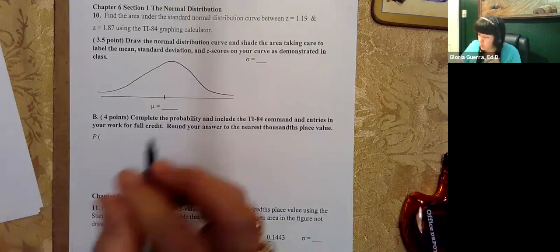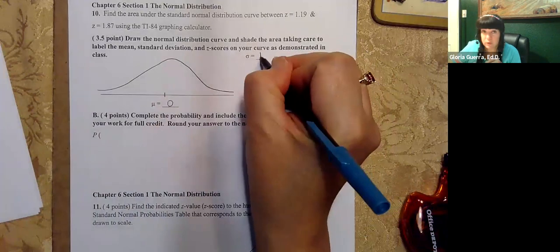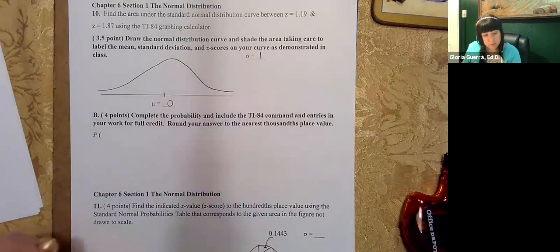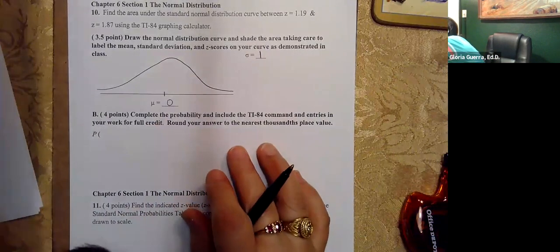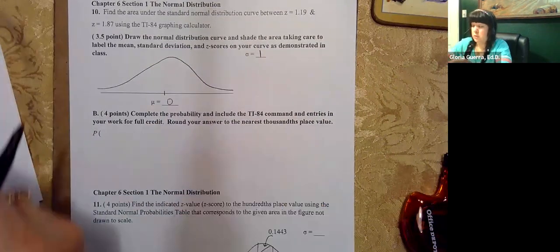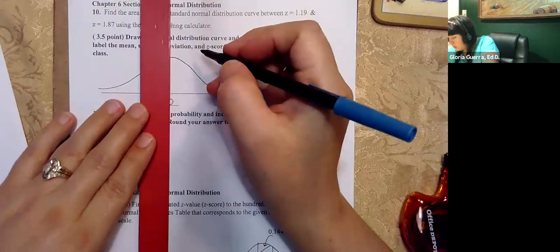So for this one, mu is 0, sigma is 1, and z is between 1.19 and 1.87. So you get your rulers out, and let me just put this somewhere on this side.